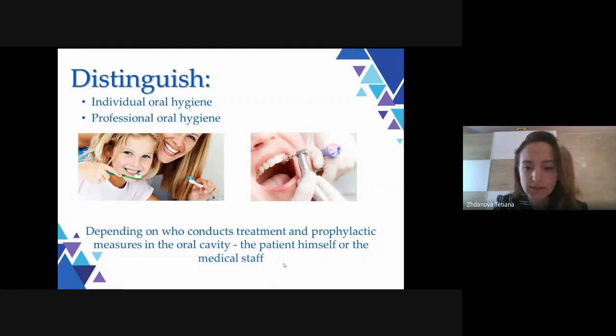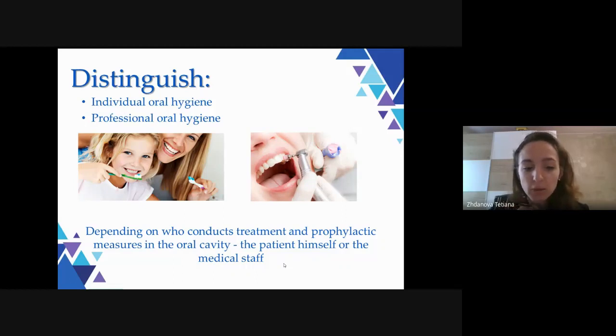You can see the pictures, and all of you know that good oral hygiene helps us to enjoy our life. We can speak, we can taste, chew, and swallow delicious and nutritious foods, and of course we can show our feelings through facial expressions such as smiling.